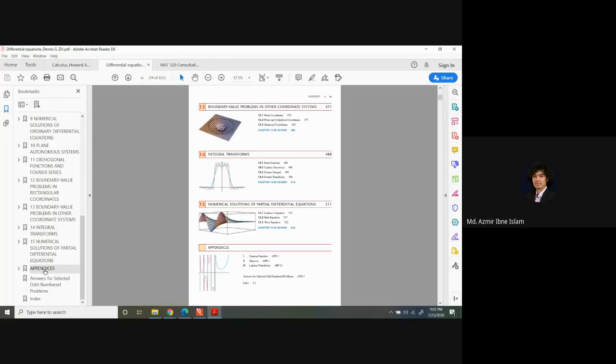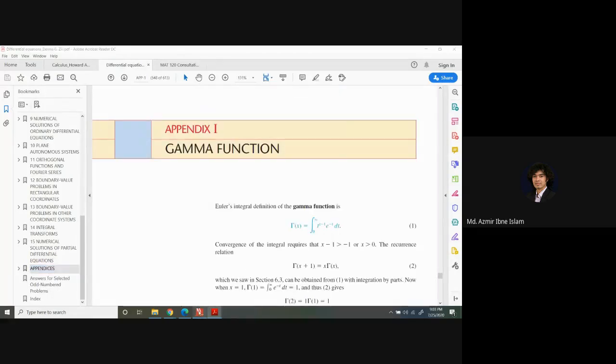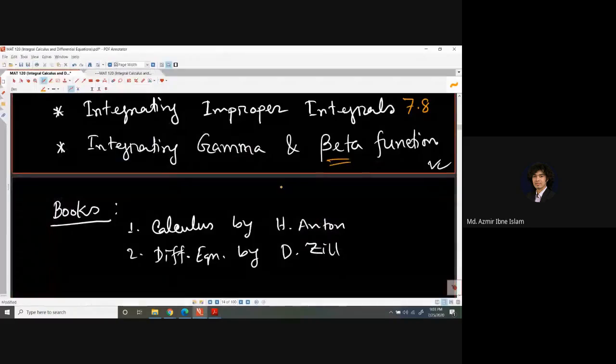But for the beta function, we have to search online so that we can get the insights, because there is no direct content in these two books. So for the beta function, we have to search online, or some other books.